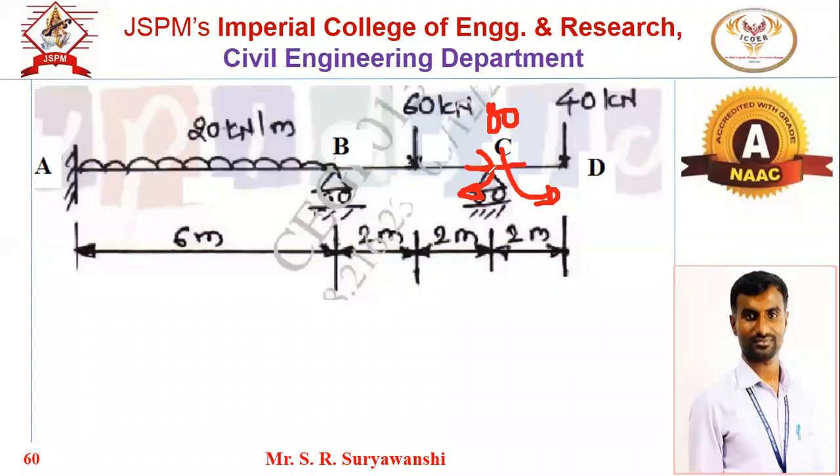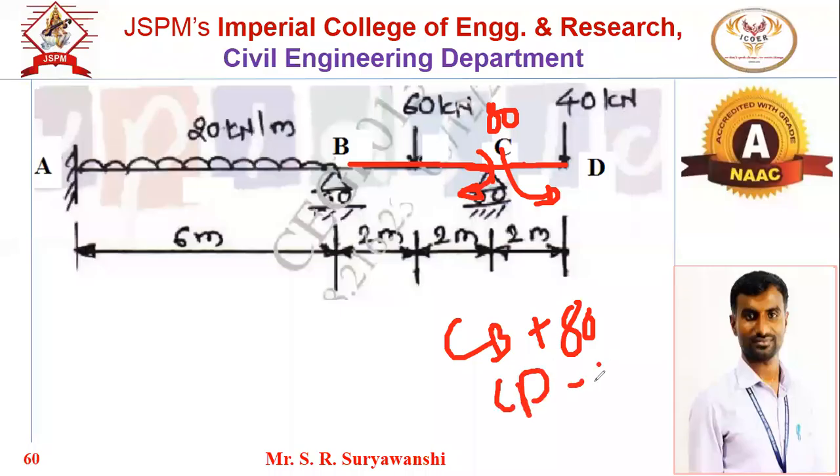So 80 will be clockwise for CB and 80 will be anti-clockwise for CD. So that point we have to remember. Means for member CB, the moment will be plus 80, and for member CD, moment will be minus 80. Overhanging moment, equal and opposite, it will act at the end support, which is simple.